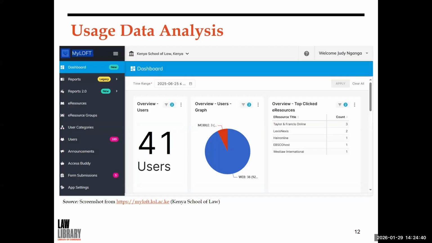In terms of accessibility, we are able to see the trends. This is customized. We work with the vendor as a system librarian, and you know which kind of reports you'd want generated. Then we upload them as an admin.